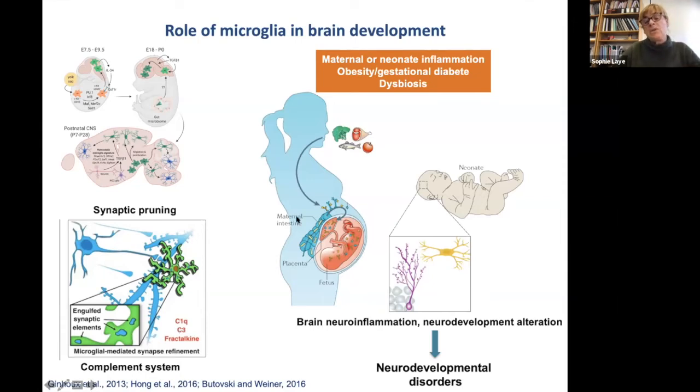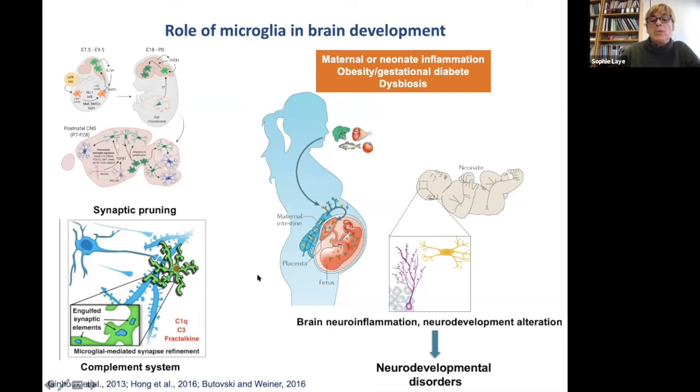What is also known is that in case of an inflammatory event occurring either during gestation or in early life of the baby, there is an impairment in microglia activity, and those microglia lose the capacity to selectively remove synapses. Then it's a bit messy, and the neuronal networks are not well developed.